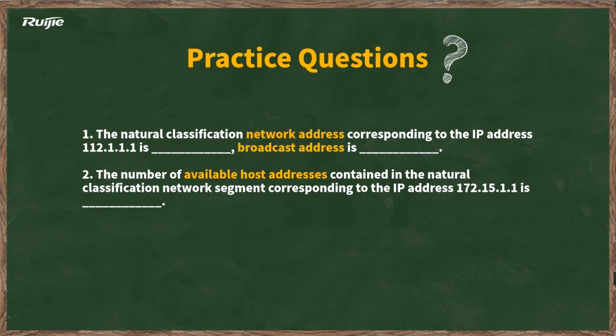And the second one, please calculate the number of available host addresses. Pay attention to this one. Available host addresses contained in the natural classification network segment of the IP address 172.12.15.1. What's the number of available host addresses?